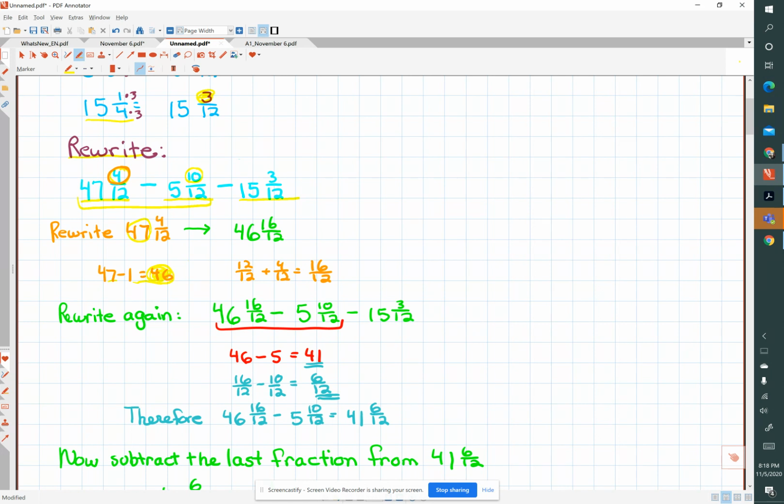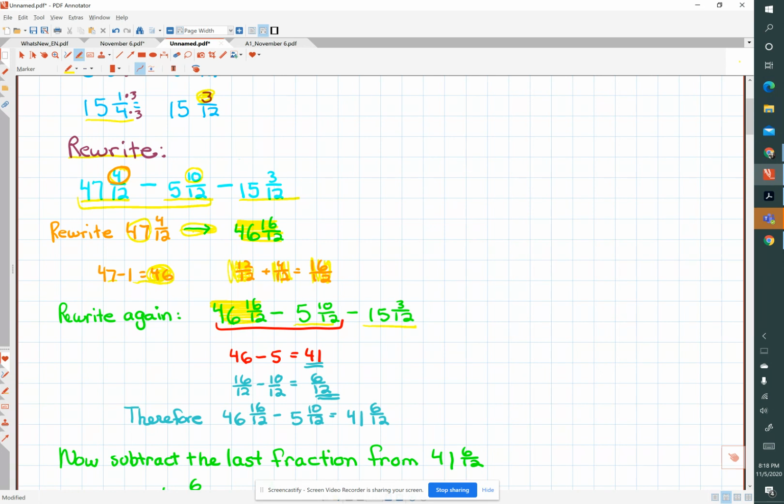And I need to add 1 whole, or 12 over 12, to the 4 over 12, which gives me 16 over 12. So in the end, 47 and 4 twelfths will convert to 46 and 16 twelfths. I rewrite that 46 and 16 twelfths minus 5 and 10 twelfths minus 15 and 3 twelfths.